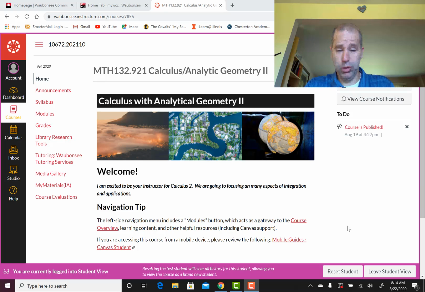So what is this class about? This is a second semester or second year calculus, Calc 2. We're pretty much going to pick up where Calc 1 left off, which is the introduction of integration. You've probably been introduced to the fundamental theorem of calculus and using the shortcuts to integrate functions and find the antiderivative of a function.